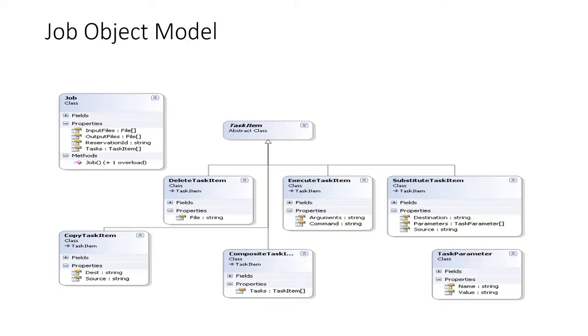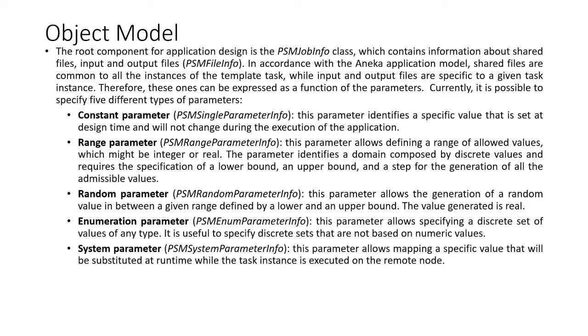Explanation goes like this. The root component for application design is the PCM job info class, which contains information about shared files, input-output files in accordance with the Aneka application model.